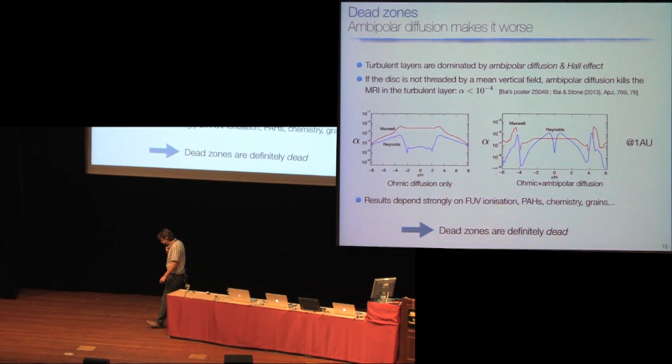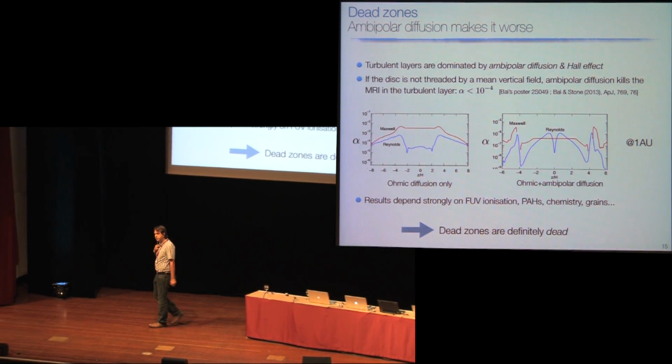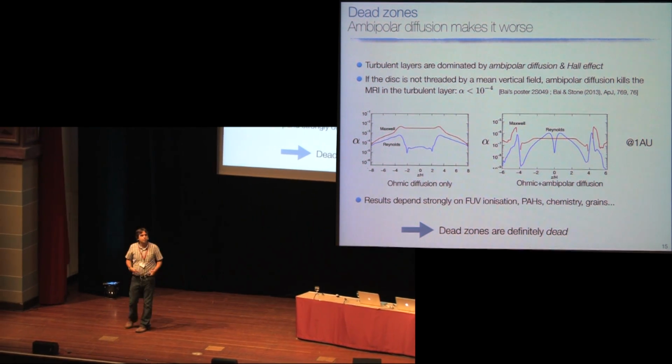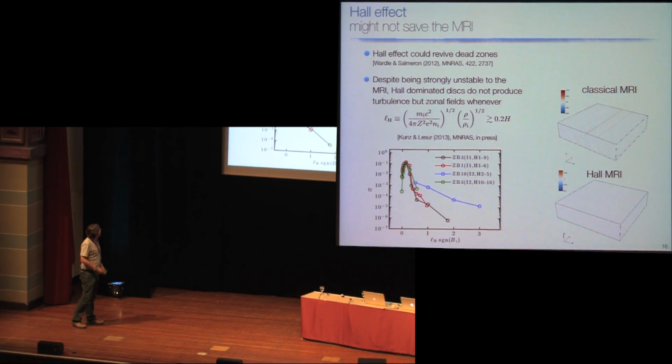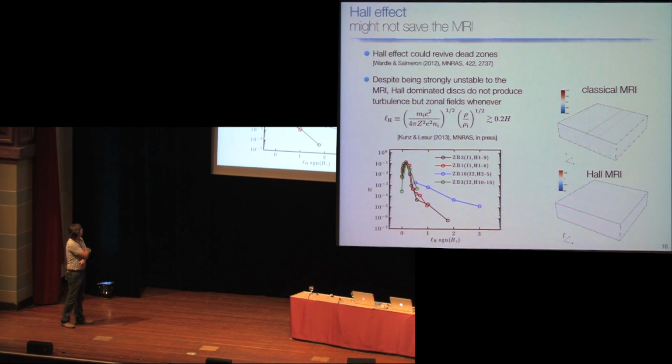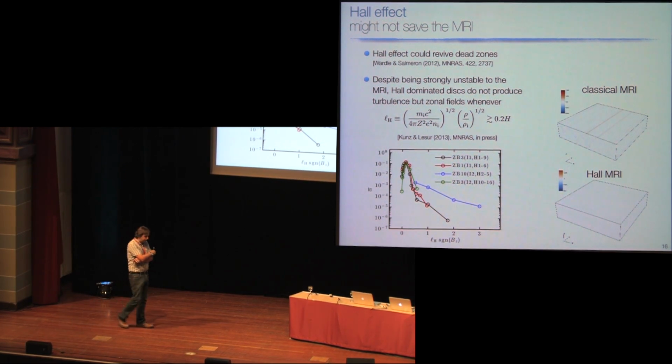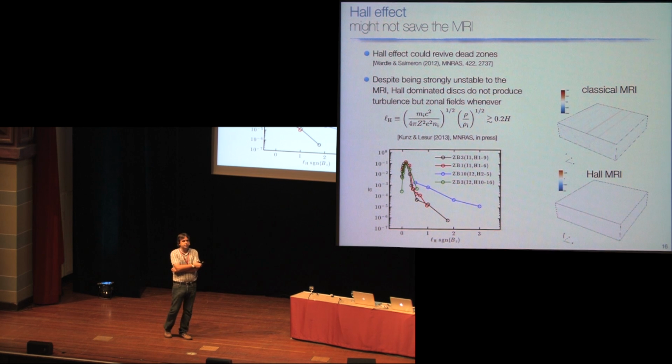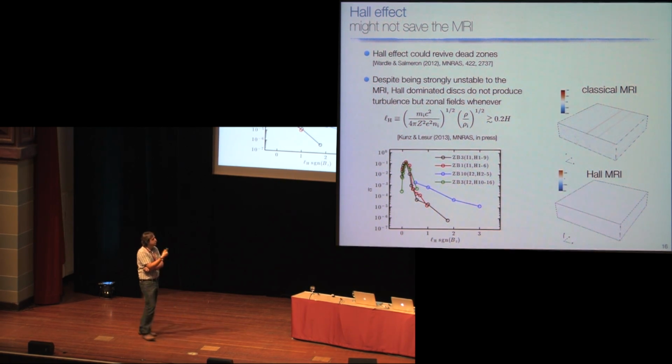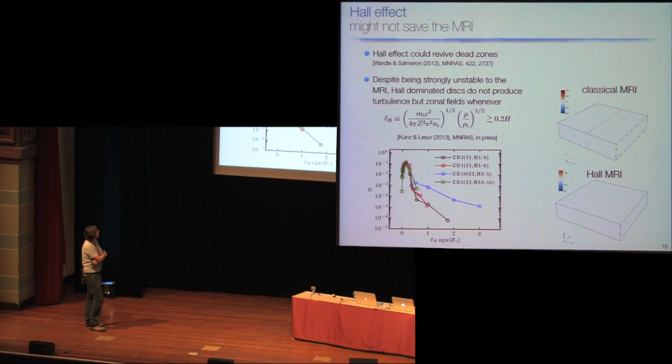So people have been wondering whether or not the Hall effect can play a role to kind of reactivate the dead zone. That's an idea which was suggested by Mark Wardle and Raquel Salmeron in 2012, which is that the Hall effect could revive the dead zone because the Hall effect somehow managed to enhance the magnetorotational instability. This has been looked into by Matt Kunz and myself recently, and we found that indeed the MRI exists in situations where you would have no MRI without the Hall effect, except that the MRI does not produce turbulence.